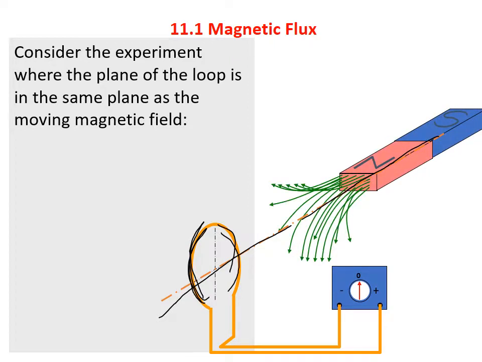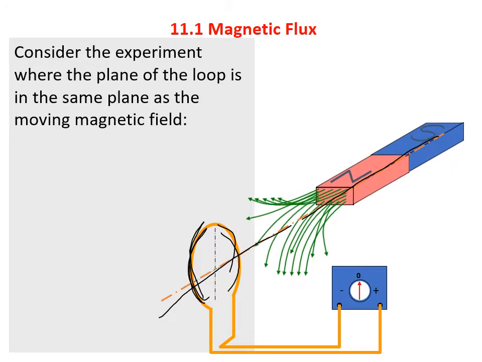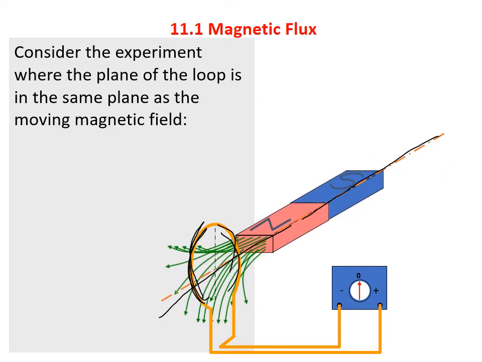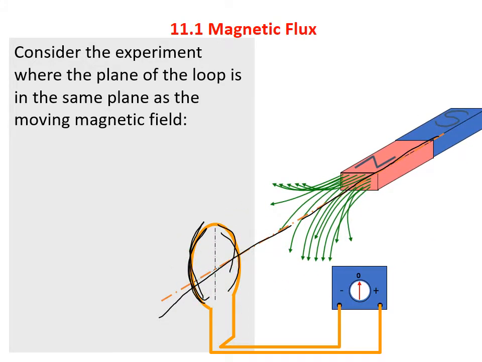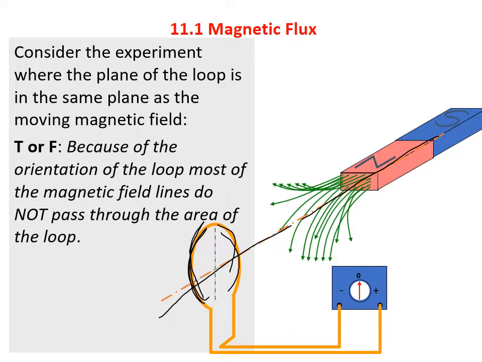So we're going to push this bar magnet towards the loop, not through the loop, but along the edge of the wire. And true or false, because of the orientation of the loop, most of the magnetic field lines do not pass through the area of the loop. This is true.